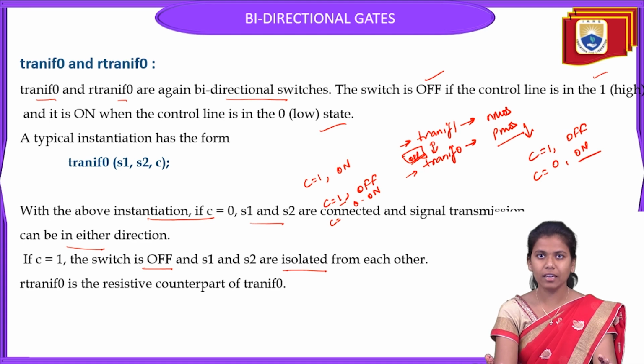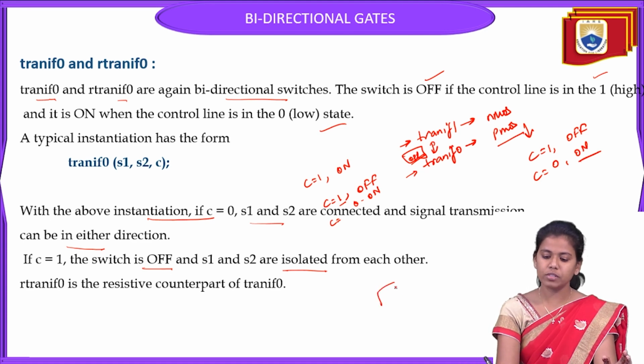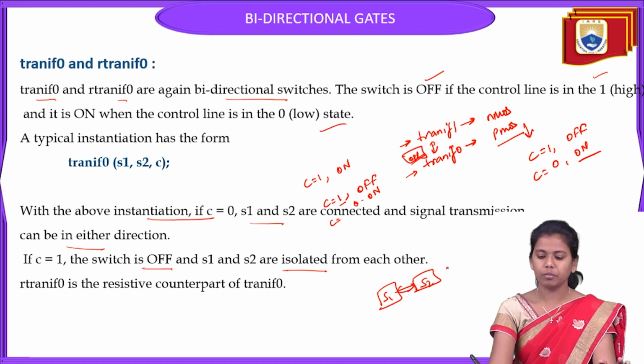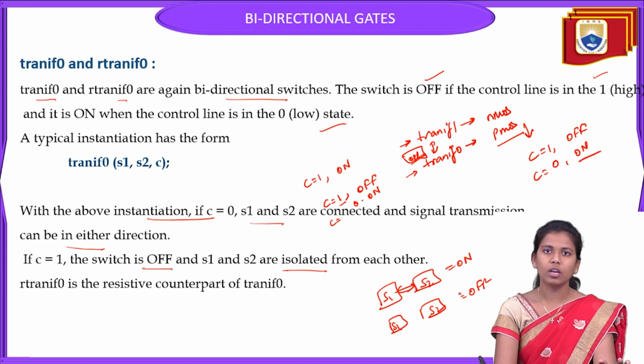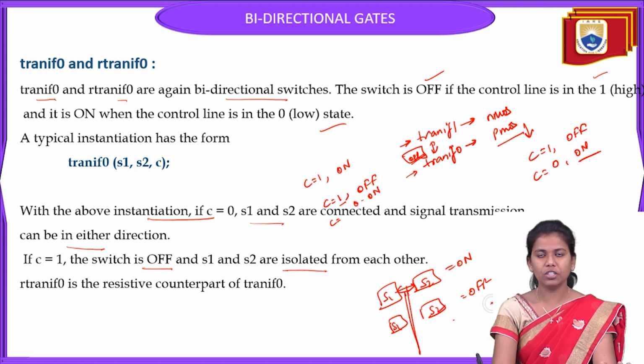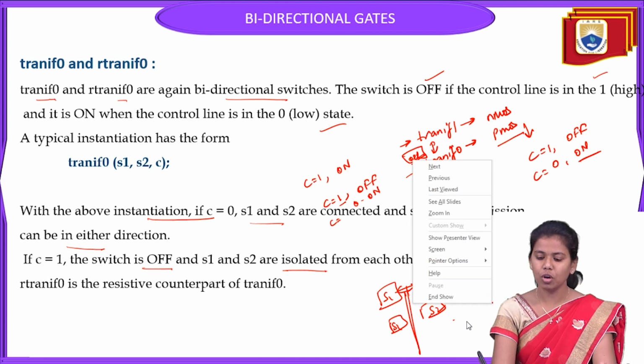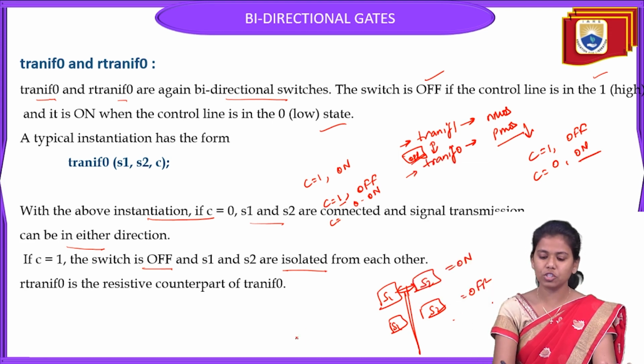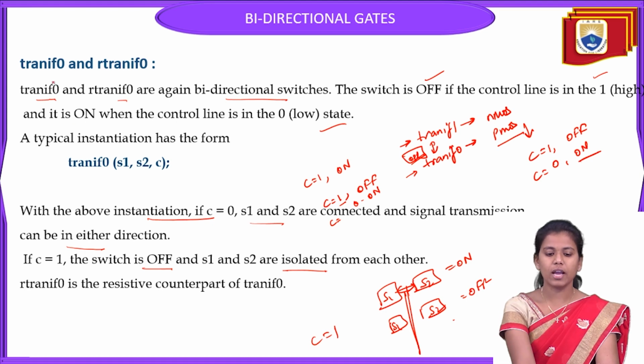When the switch is on, always remember that the two signal lines S1 and S2 are connected to each other. When the switch is off, S1 is isolated from S2. In tranif0, the switch is off when the control signal is 1, which is in contrast with tranif1. They are opposite to each other.